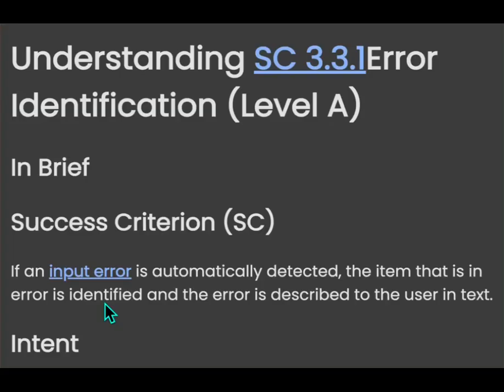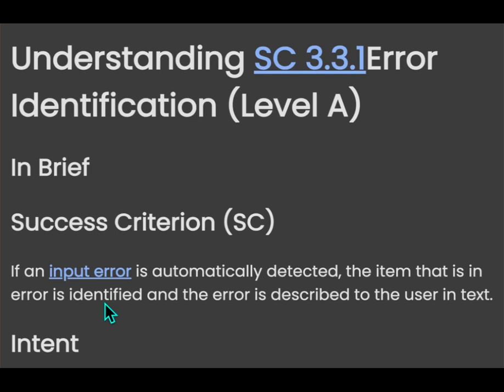Okay, so let's try to understand each of these success criteria in a little more detail. First, we will deal with 3.3.1, which is error identification, level A. Now, what this success criteria says is that if an input error is automatically detected, the item that is in error is identified and the error is described to the user in text.